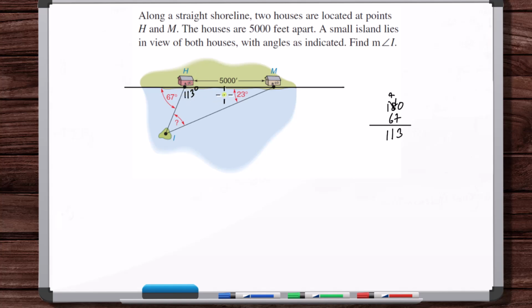And there you go. 113 plus 23 plus the measure of angle I needs to be equal to 180. So 113 plus 23 is 136. 180 minus 136 is 44. So the measure of angle I is 44 degrees.